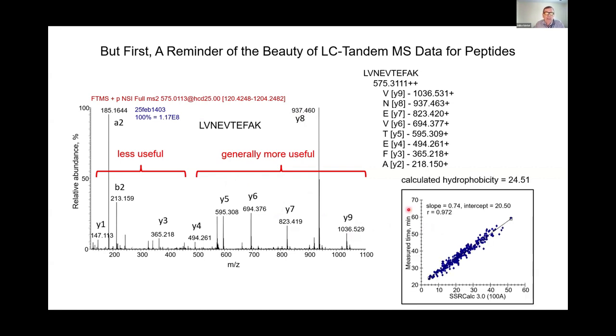Slightly unappreciated in all of this is that these Y ions are determined by the amino acid sequence. The amino acid content allows us to calculate something called the hydrophobicity. And within our HPLC system, there's a very high correlation of the calculated hydrophobicity to the actual measured retention time.